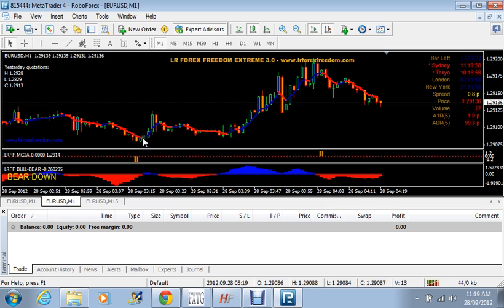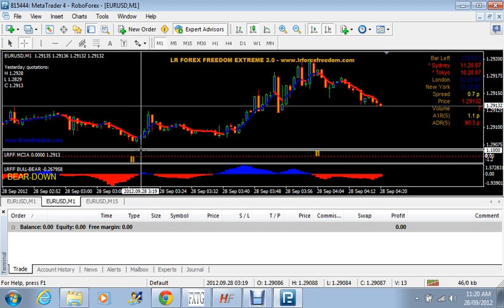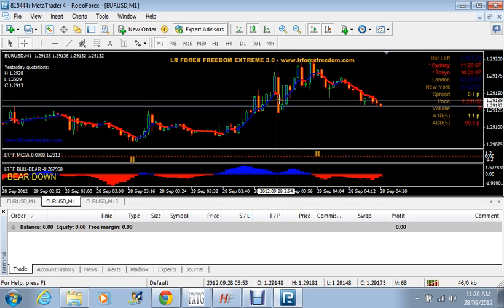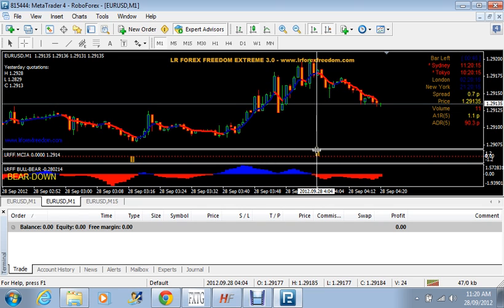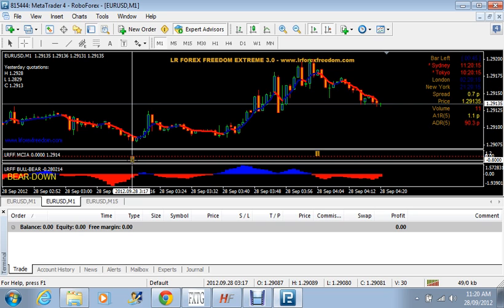So in this example, you would have gone in right here on the second bar, and obviously you would have traded it all the way to when you see the opposite direction gold bar. So it's a gold bar to gold bar, but always look for confirmation to get in.